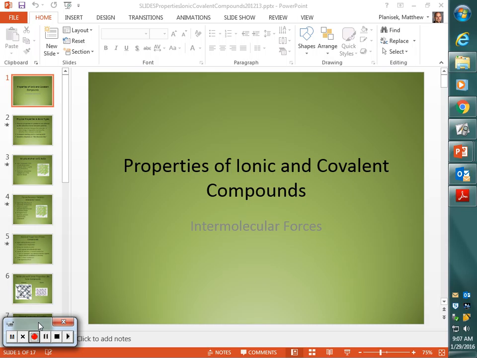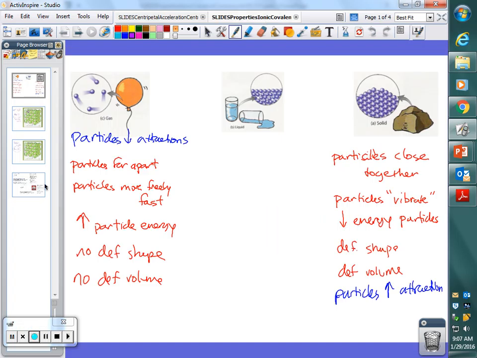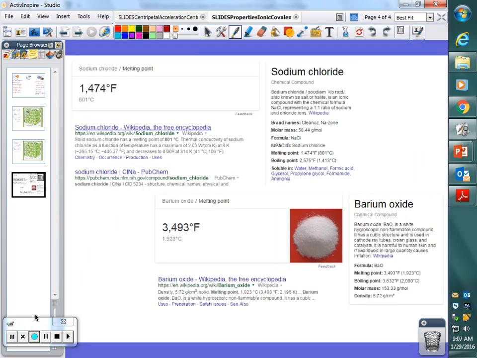So, good. High melting and boiling points, and that means that they're generally what state of matter? Solids, right? But even because of that, we can see some differences. For example, here, these didn't come out as big as I wanted them to, but that's okay.